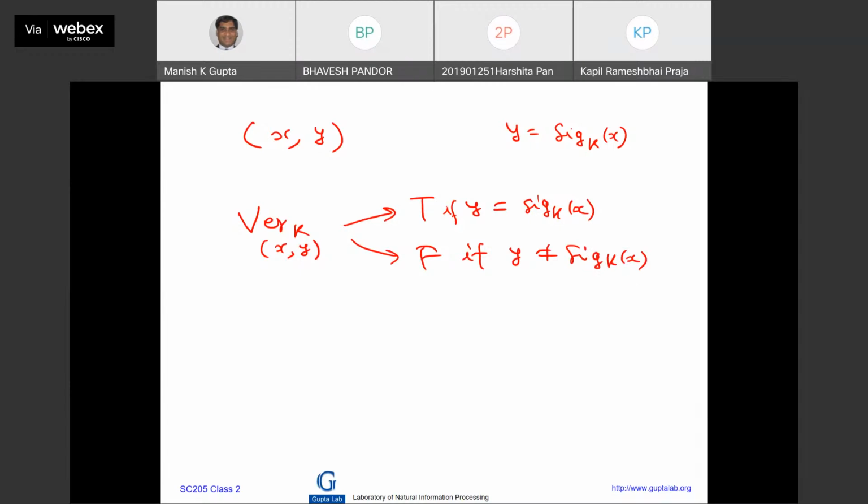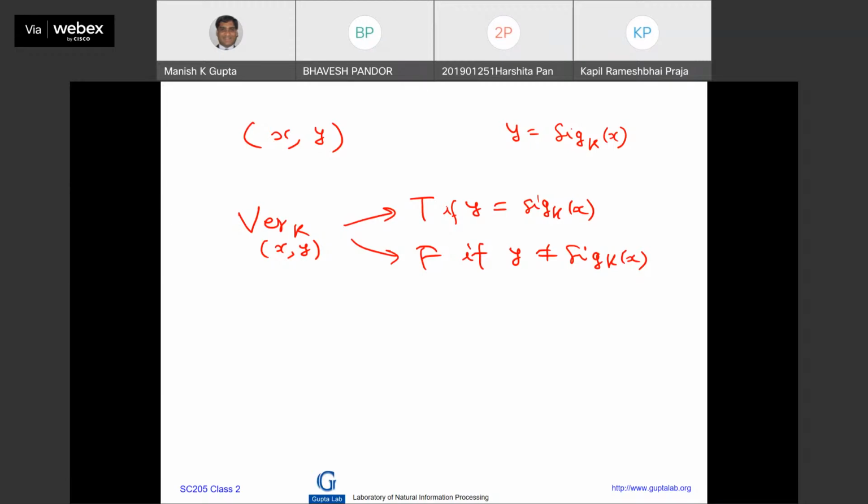So anybody can receive this pair x comma y, where x is a message and y is a signature, and check whether this relationship holds. Of course, there are different ways you can forge a signature, and all kinds of challenges, a few of which I'm going to discuss. But this is the general scenario.